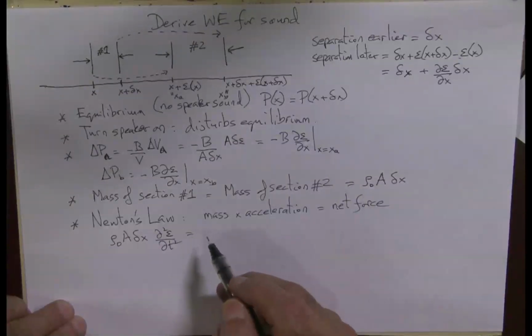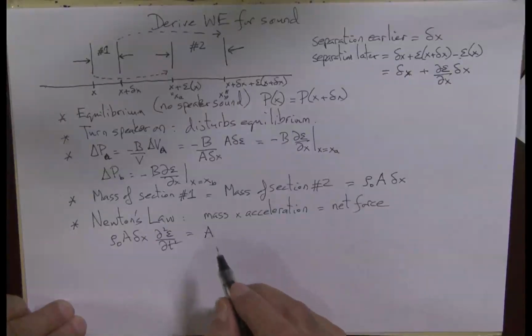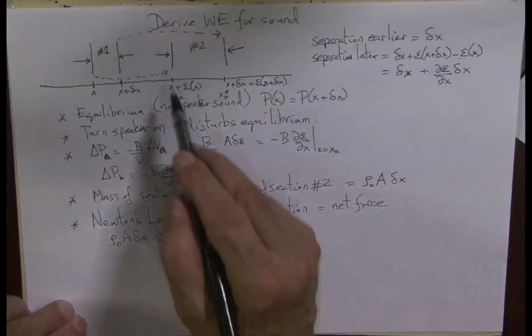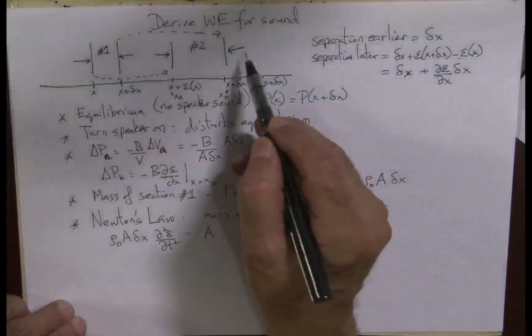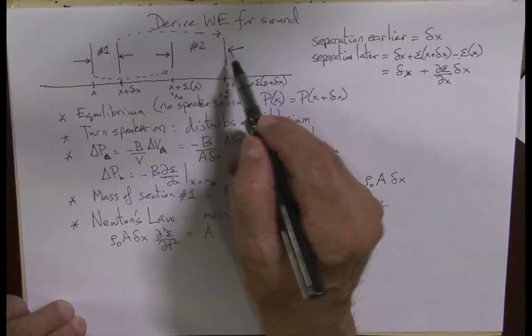Now let's calculate the net force. Force is area into pressure. So A into the pressure here minus the pressure, A into the pressure here.